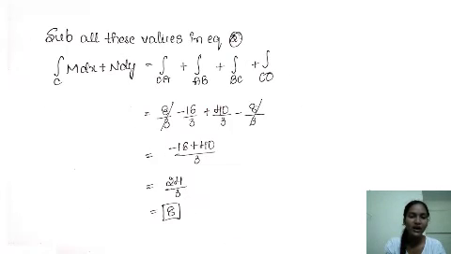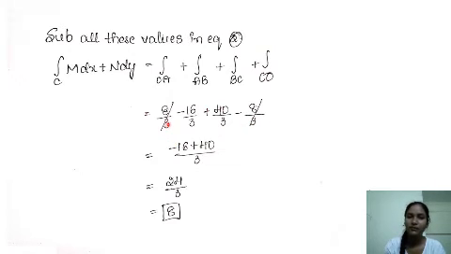Now we have to substitute all those values in equation 2, that is integral m dx plus n dy is equal to integral OA plus integral AB plus integral BC plus integral CO. So we got the values: integral OA is 8 by 3, AB is minus 16 by 3, BC is 40 by 3 and CO is minus 8 by 3.